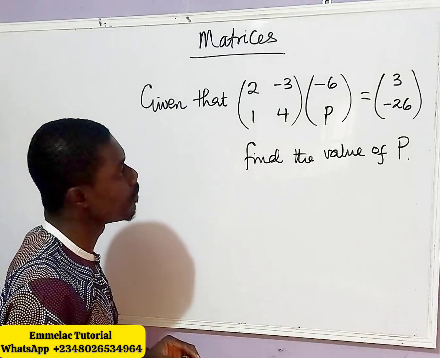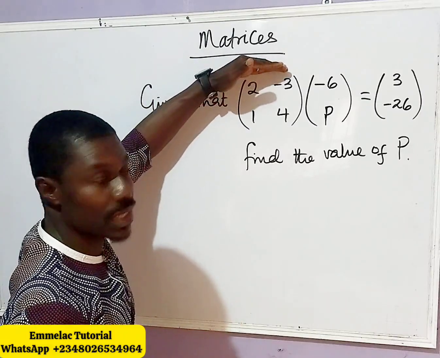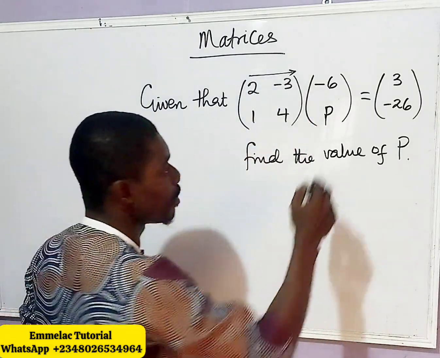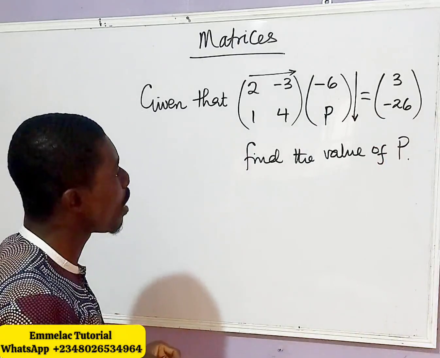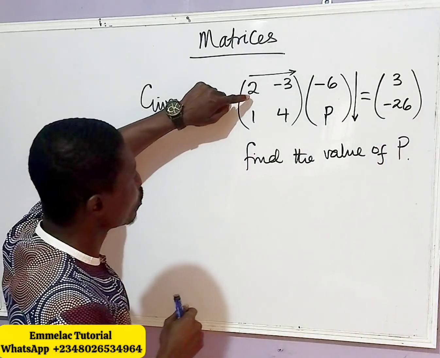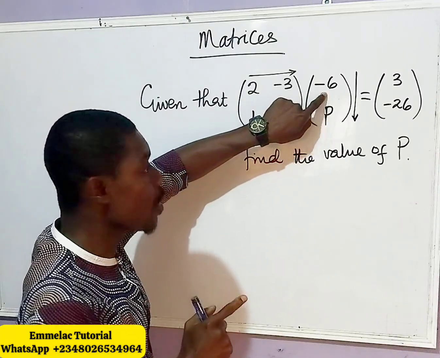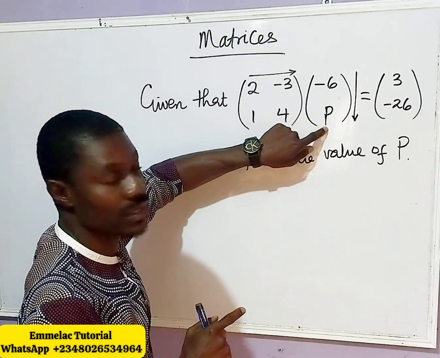Now what we need to do first is we take the row, which means we take this row, we multiply it by the column. Okay, so how do we go about it? Now we have to take it one by one. This is 2 multiplied by -6 plus -3 multiplied by p.